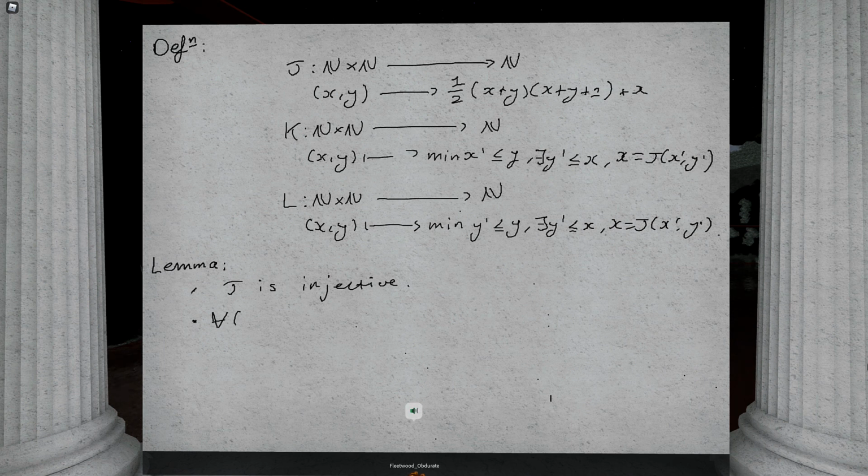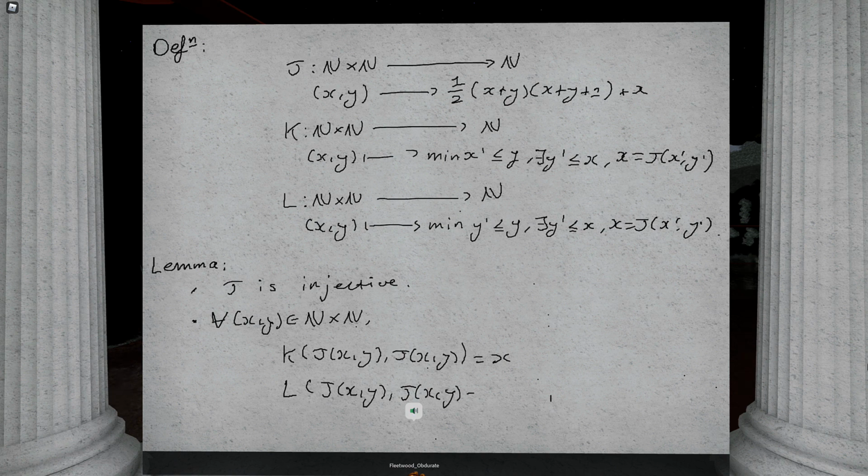And then we also have for all x, y, an element of n cross n, the following. So K of J x y comma J x y is equal to x, and L of J x y is equal to y.